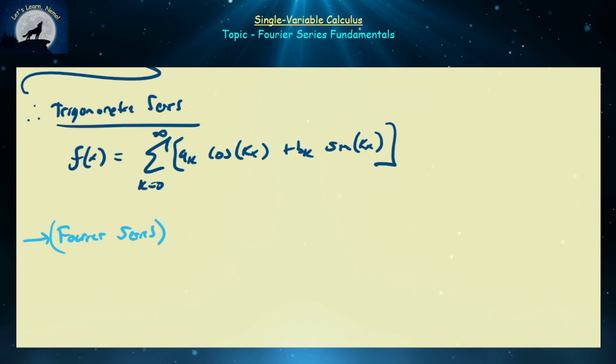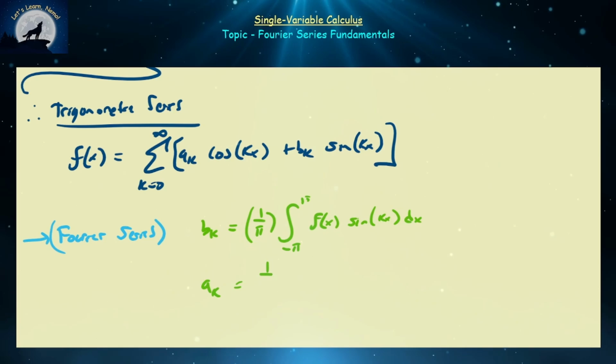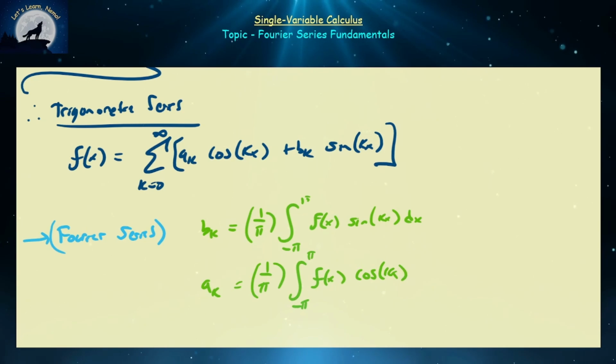Fourier series takes these coefficients a_k, so b_k we've already proven to be equal to 1 over pi times the integral from minus pi to pi of f of x times the sine of kx dx, and one should be able to see or prove on their own that a_k will be equal to 1 over pi times the integral from minus pi to pi of f of x times the cosine of kx dx.